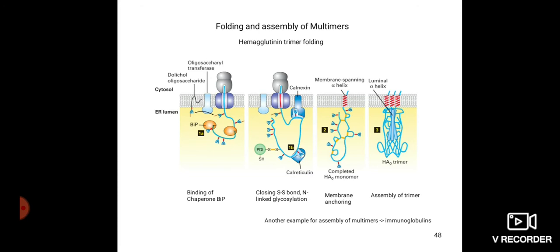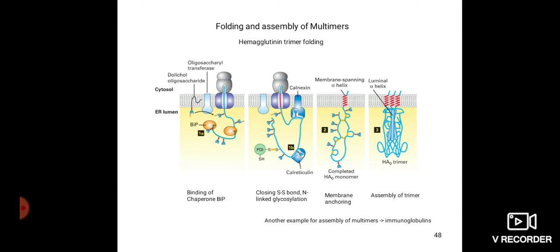Then there will be formation of three of these subunits, and later these three of them come together with the help of chaperonins and other proteins, and they form a trimeric assembly. In case of the hemagglutinin protein, it is going to lead to formation of a trimeric assembly, so thereby multimeric subunits are going to get formed.